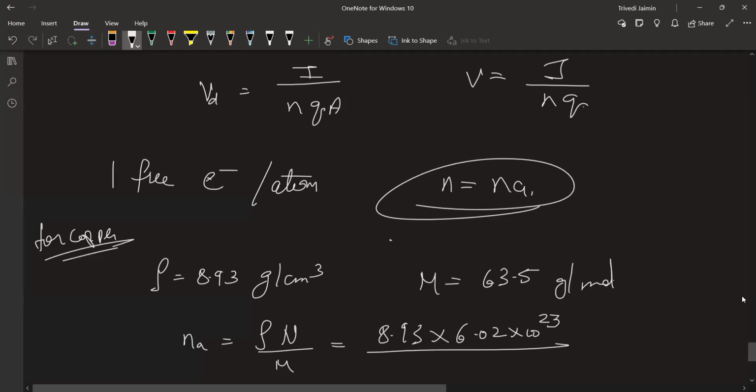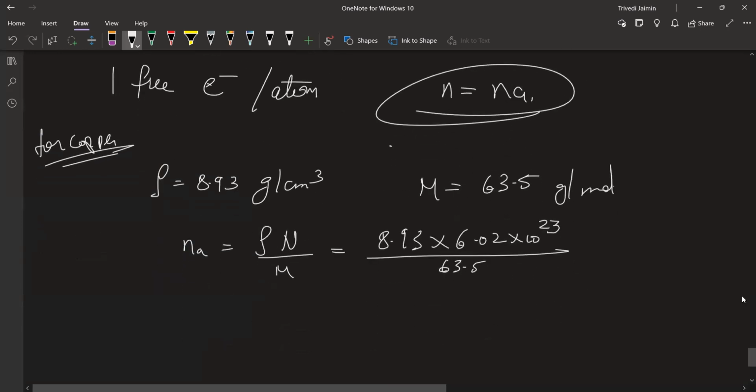If you don't, remember this now. 63.5. This is atoms per mole. This is grams per mole. And this one is gram per centimeter cube.